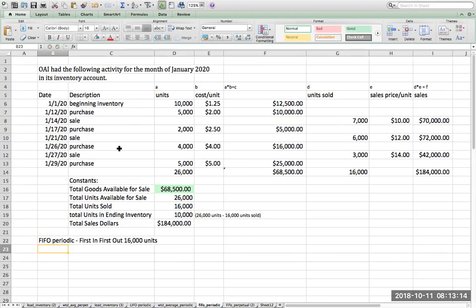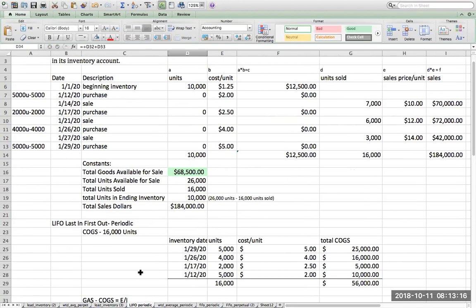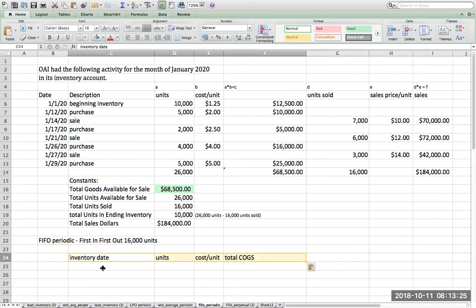Let's go ahead and borrow some creative licensing from what I was doing previously. First in, first out, the first goods in are the first ones expensed to cost of goods sold. So here I have 10,000 units.